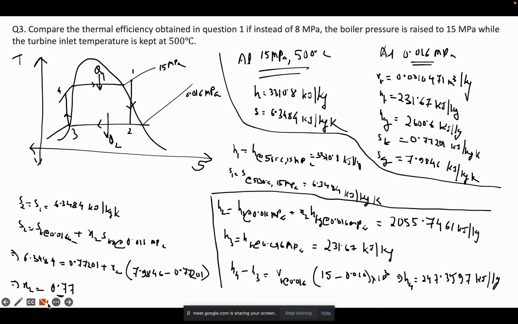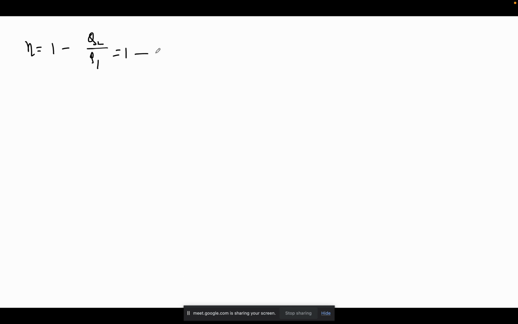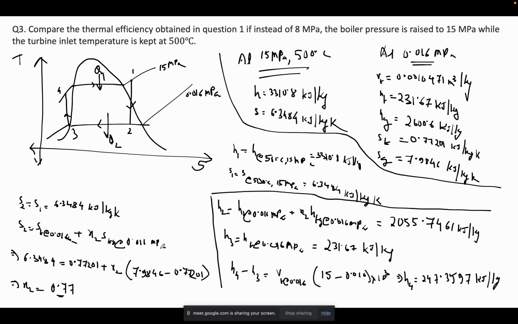So Q2 is H2 minus H3 and Q1 is your H1 minus H4. Okay, put all these values. 1 minus H2 minus H3 is 2055.7461. H2 minus H3, sorry, Q2 by Q1.